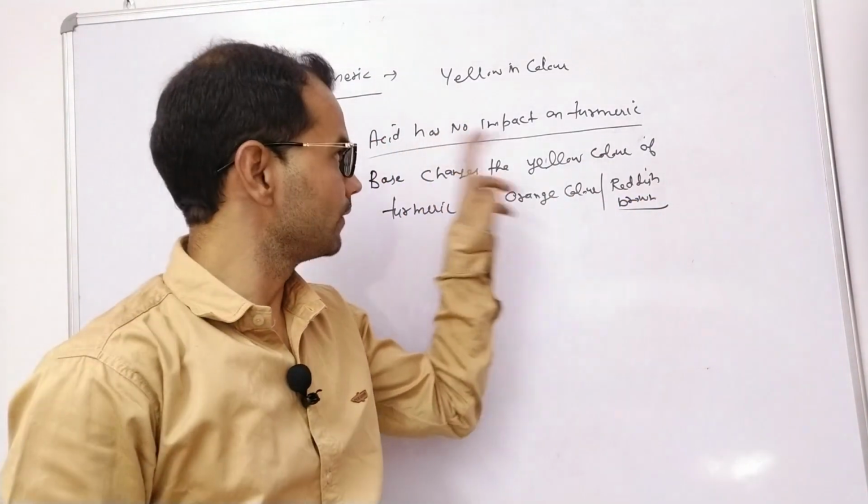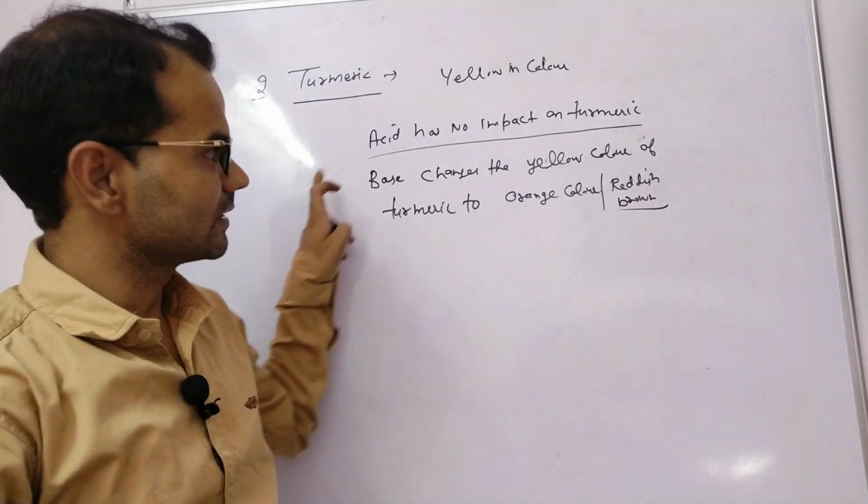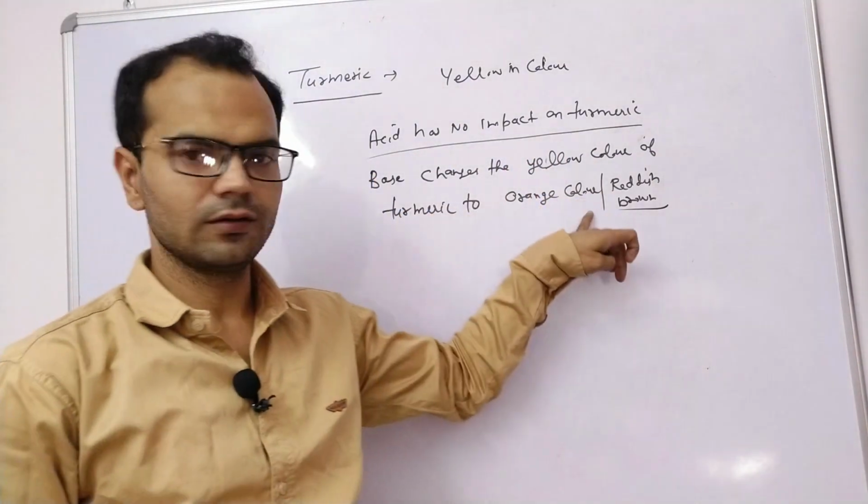Acid has no impact on turmeric, but base changes the yellow color of turmeric to orange color, or we can say reddish brown color.